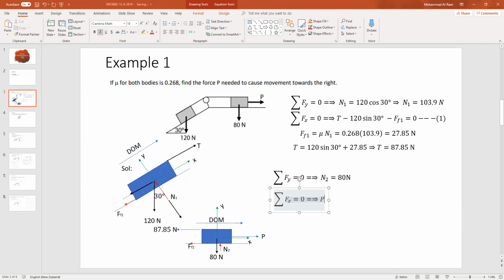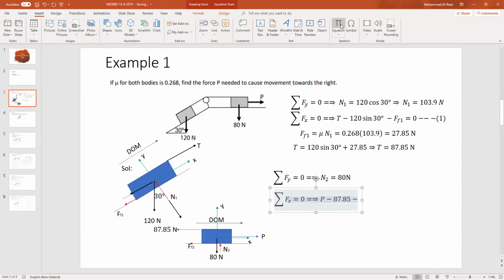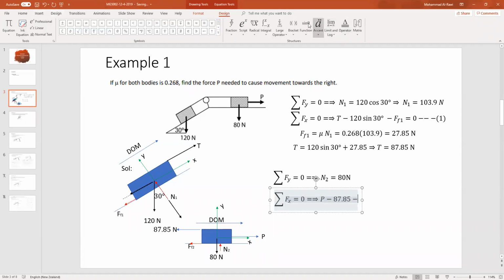We have the P, which is the force we're trying to calculate, minus the 87.85, which is the force resulted from the tension, minus FF2, which is the friction force for the second block or crate. Anything there? That's all. See, because the weight is not analyzed in two directions, it equals 0.